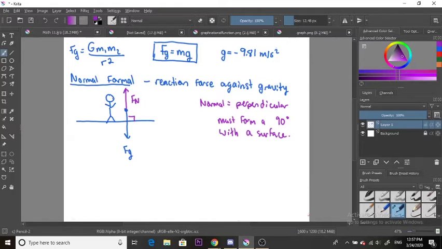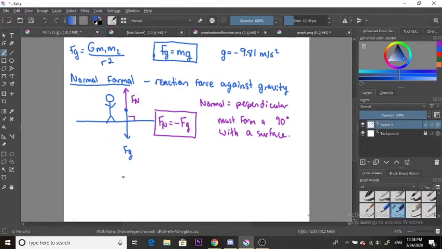So, in this particular case, your normal force is going to be equal to your gravitational force, but the direction is the opposite. So we always say that it's the negative of your gravitational force. So this is the first formula that we will be looking at for the normal force.